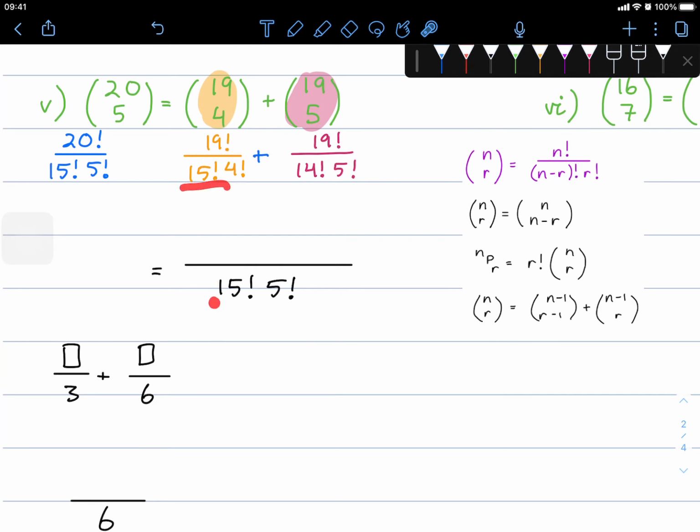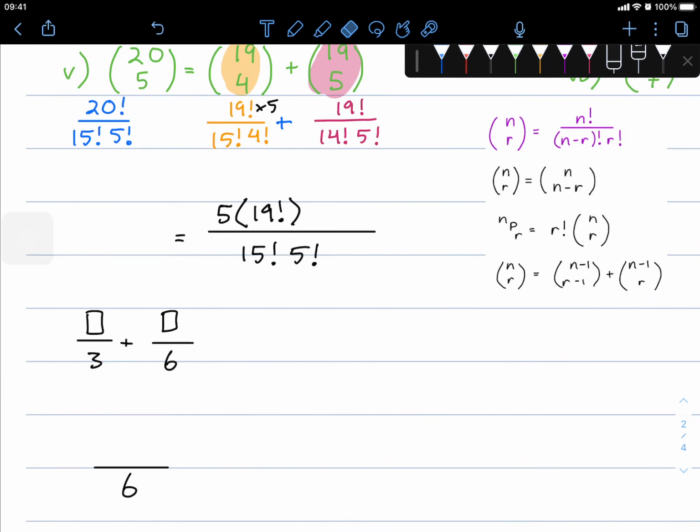Well, the 15 factorial is already there, but 4 factorial, how did it become 5 factorial? Well, it just needs to be multiplied by 5. So since we multiplied that by 5, we multiply this by 5 as well. Now watch how I'm going to write that. It's going to be 5 times 19 factorial.